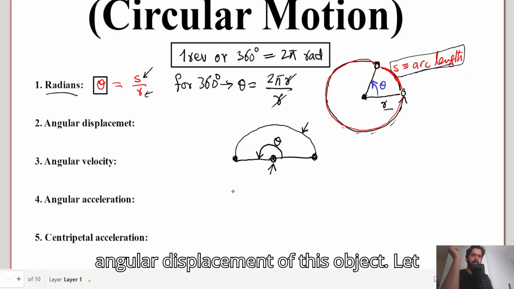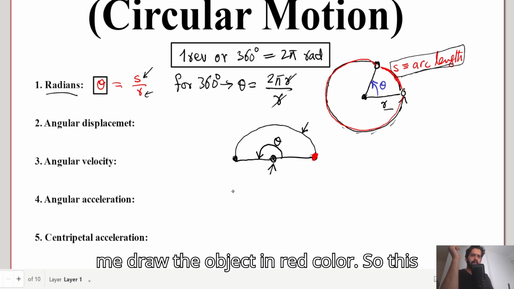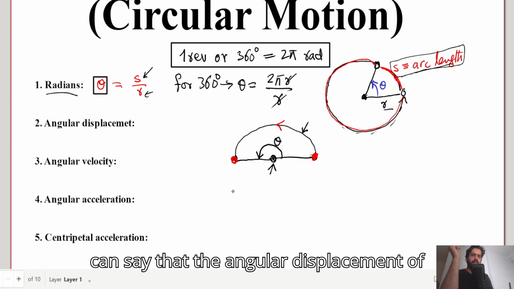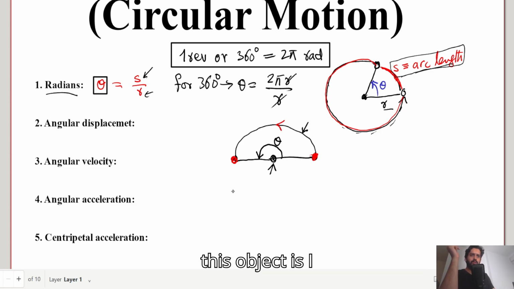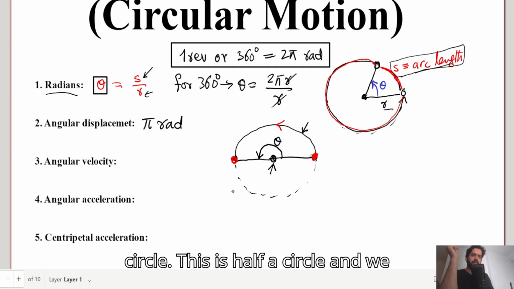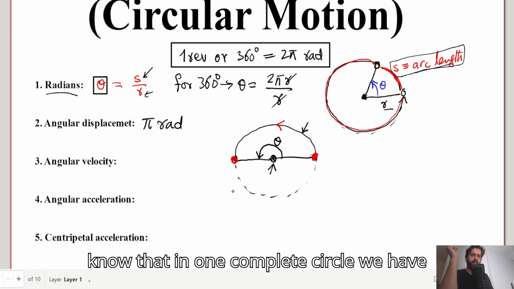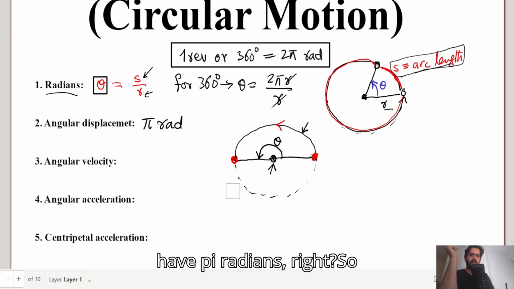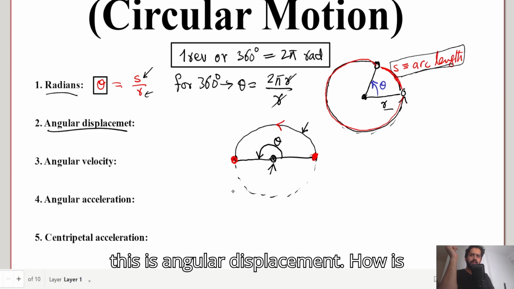So this object covered this distance, and you can say that the angular displacement of this object is pi radians, right? It will be pi because this is not a full circle. This is half a circle, and we know that in one complete circle we have 2 pi radians. So in half a circle we'll have pi radians. So this is angular displacement.